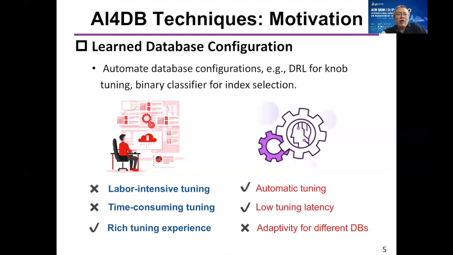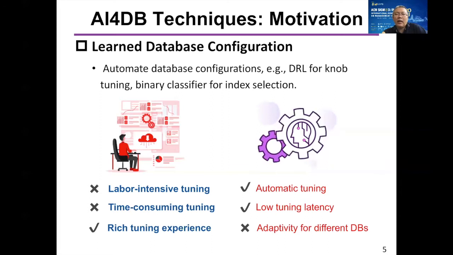Another point I want to mention is that the database administrator, the DBA, can usually transfer knowledge to other database instances. But for the learning-based techniques, this is much harder than for humans.